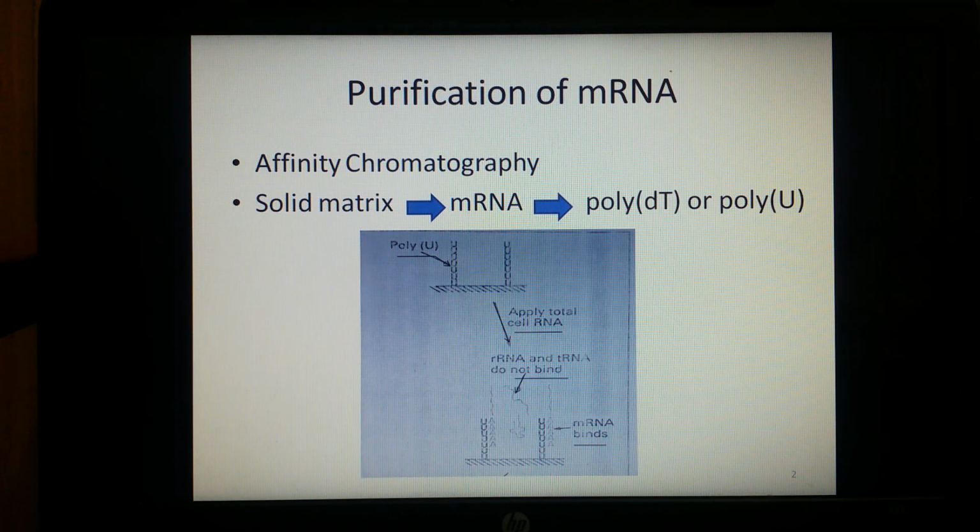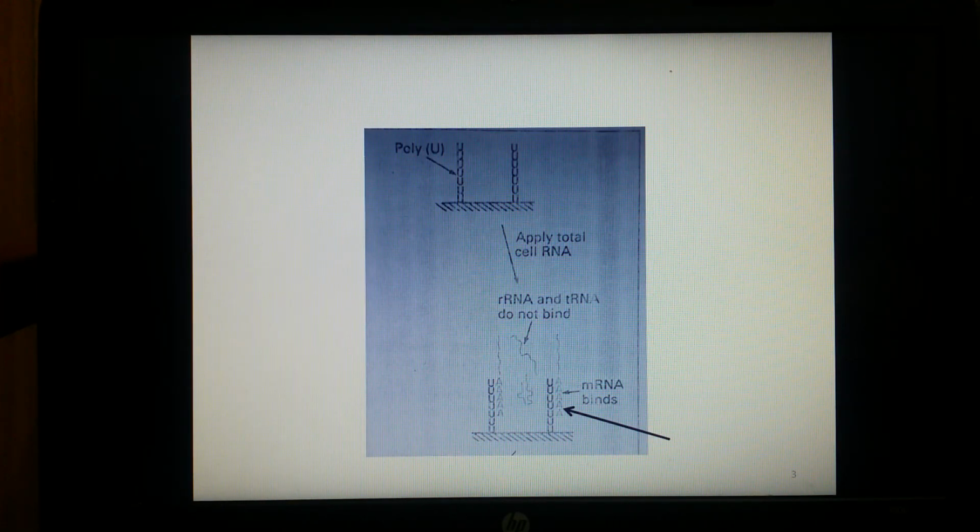Now let's see how this purification process takes place step by step. Here you can see this solid matrix where it is written poly-U. I have told you that in case of messenger RNA, poly-U is used as the solid matrix. So what we do is we apply the total cell RNA. Total cell RNA means this RNA contains all three forms of RNA: the messenger RNA, transfer RNA and the ribosomal RNA.